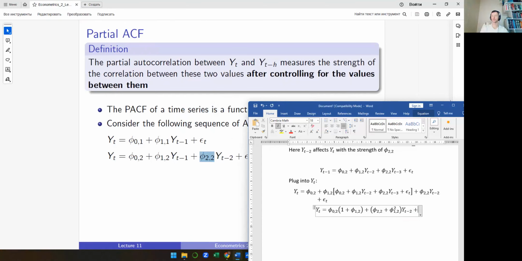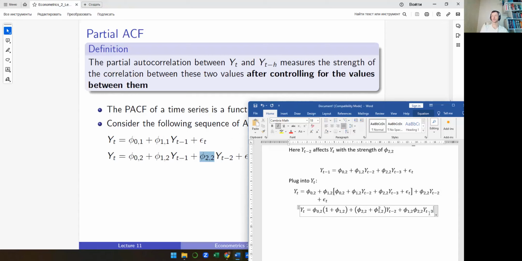Right, and plus phi 1,2, phi 2,2, y t minus 3. Isn't it? So this part goes here, this part goes here, this part goes here.